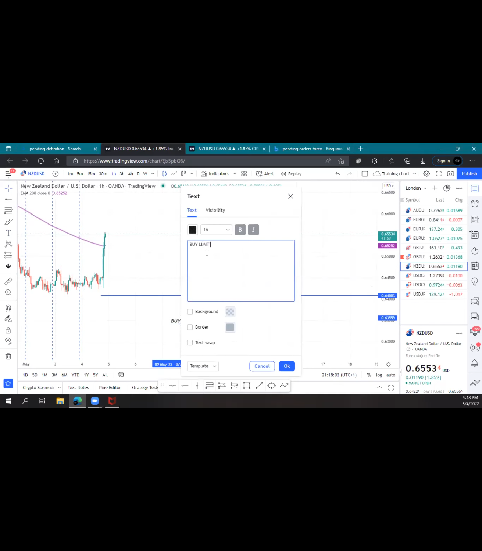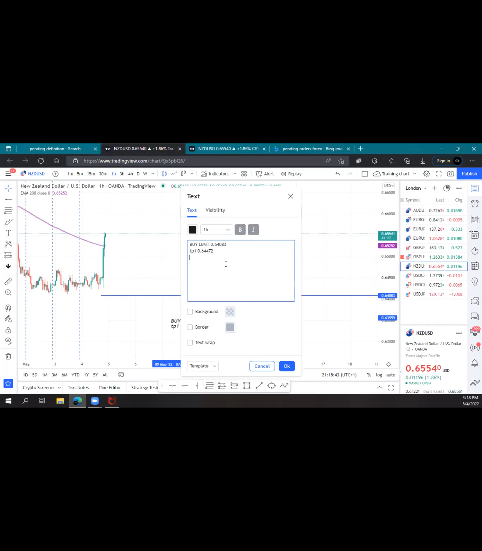Buy limit at 0.64083, right? This is the buy limit. And I give you TP1 at 0.64472.